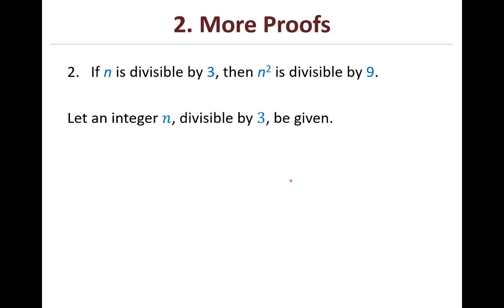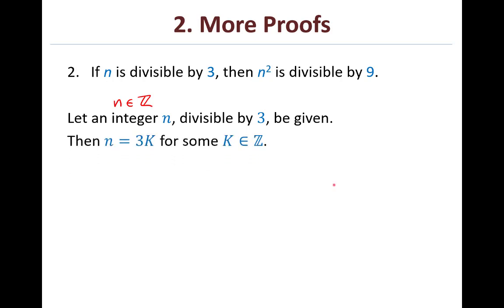That works. Or you could say, suppose that n is an integer evenly divisible by 3, or lots of different ways. Or you could write it a little bit more symbolically, like n is in the set of integers.